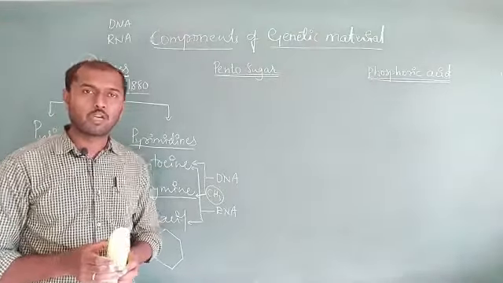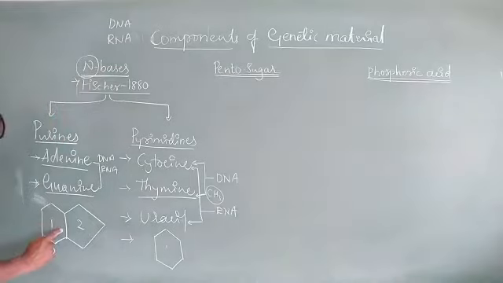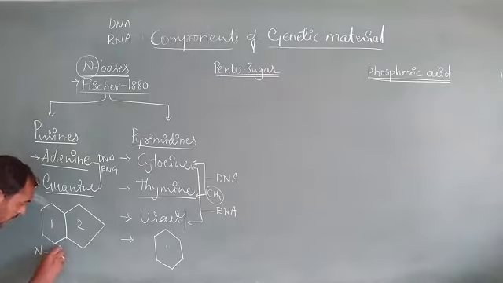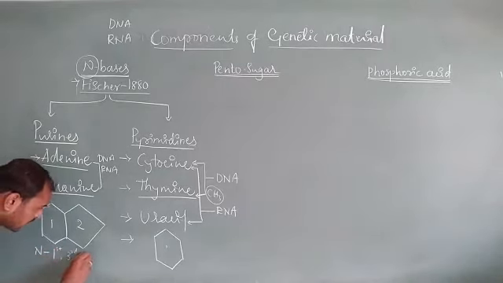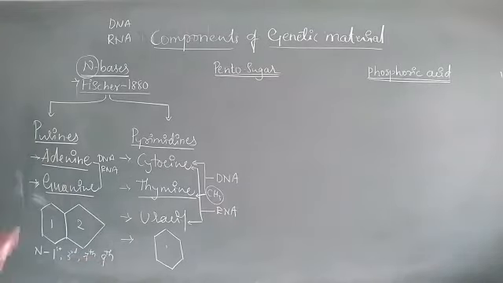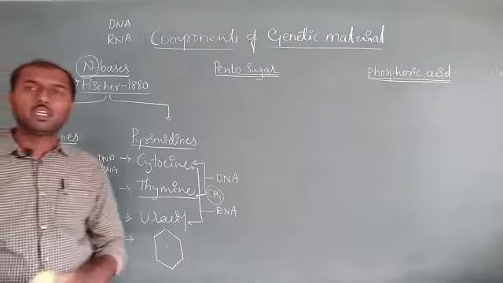Purines have nitrogen in their positions first, third, 7th and 9th. Okay, so you can see here 4 nitrogens. So in a ring you are going to get 4 nitrogens.